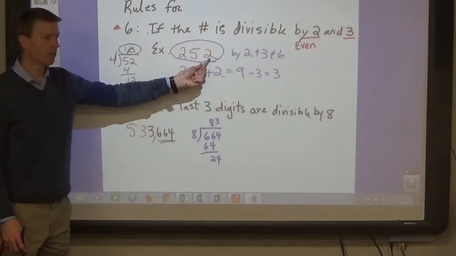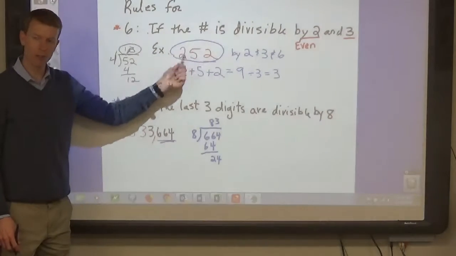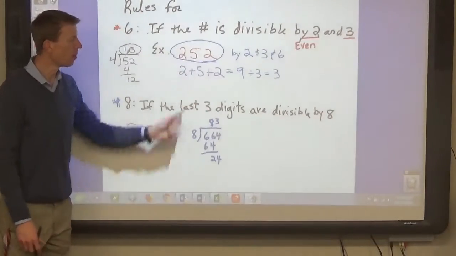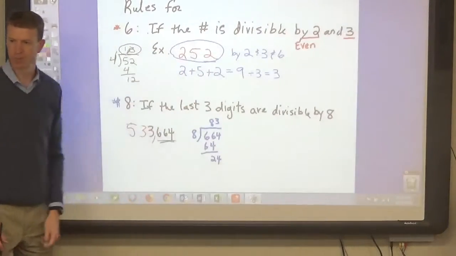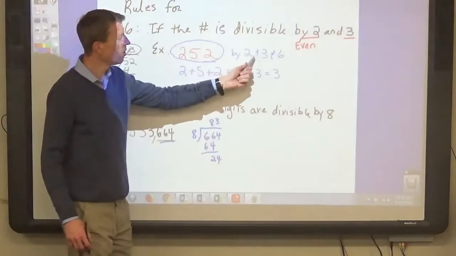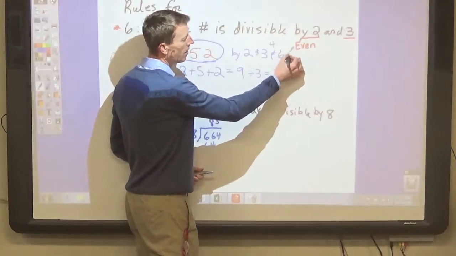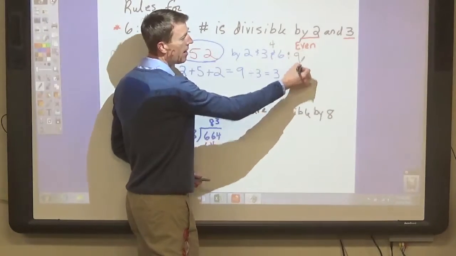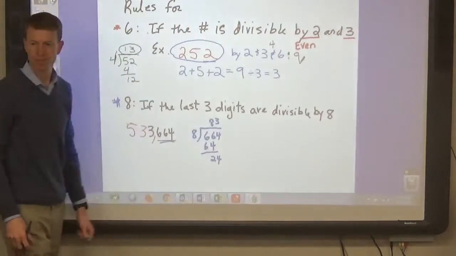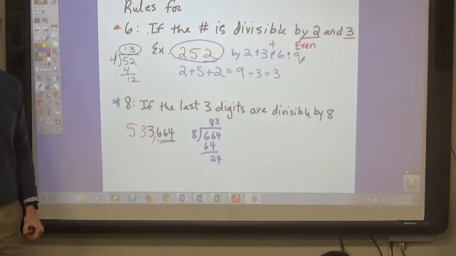So if it goes into 52, then it goes into the whole number. So yes, this number is divisible by 4. So it's divisible by 2, 3, 4, 6, and 9. That's what we're going to do on the assignment.